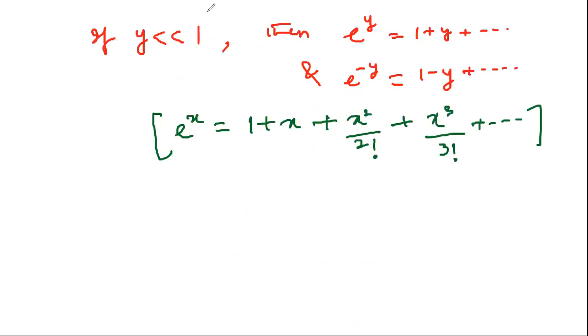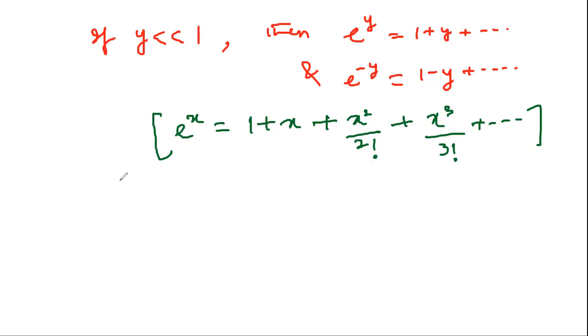We are writing this exponential series in the limit when y is much less than 1. So when y is much less than 1, e raised power y is 1 plus y plus so on, and e raised power minus y is 1 minus y plus so on.